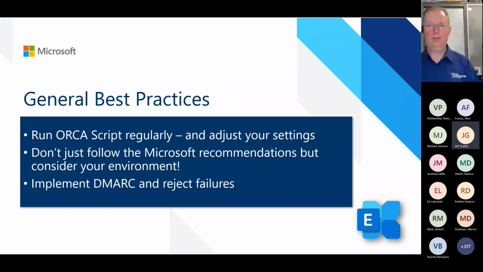A lot of MTAs will signal if you don't have a DMARC policy, they look at it as a best practice, and your emails may go into spam. It's better to have a policy set to none if you don't want to implement DMARC at this time, just to show that you're aware of it and you have a policy that's specifically set, and that will lessen the chance that your emails are treated as spam.